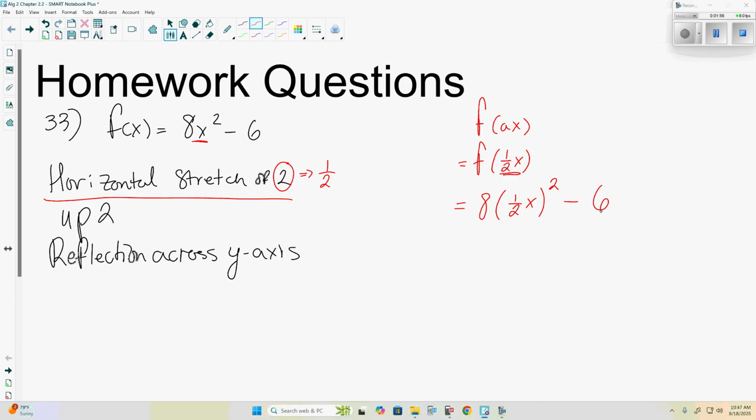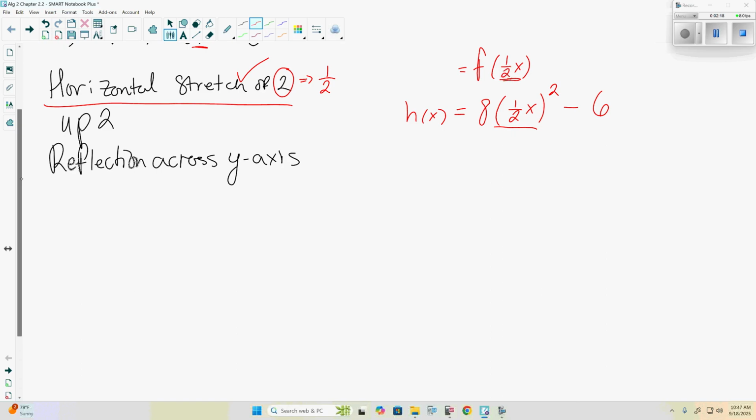This question is going to ask us for the vertex, so we're going to try to keep it in vertex form. So we'll keep the parentheses, we're not going to square the 1/2 x. We'll leave it as 1/2 x squared. So that's our horizontal stretch of 2. Questions about the horizontal stretch?